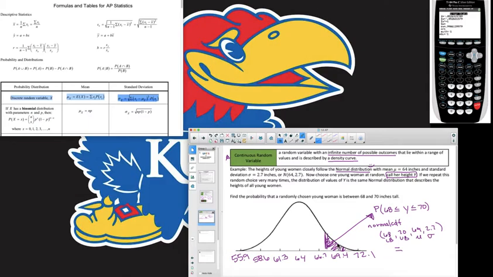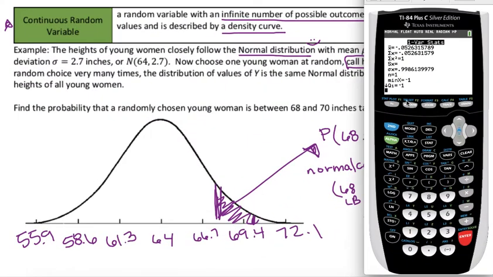So if I go to my calculator and go second distribution, option 2 for normal CDF, I'm going to enter lower bound of 68 up to 70 as my upper bound, centered at 64 with a standard deviation of 2.7.